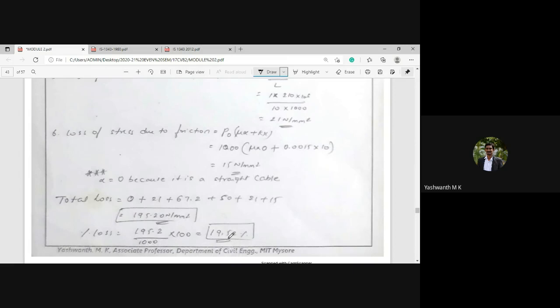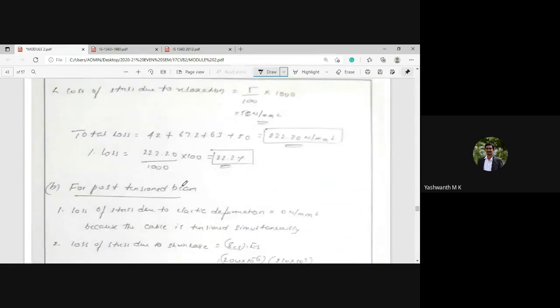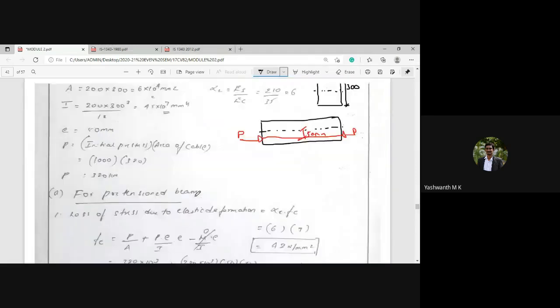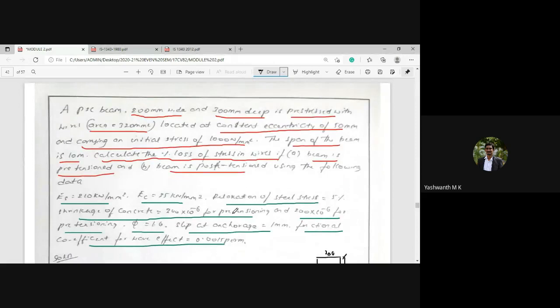Like this we need to solve the problems by observing the given data. Hope you have understood the problem. It is a very simple problem that I have solved in this session. Given all the data, you need to calculate the percentage loss of stress in the wire for the post tension beam and for the pre tension beam. Is it clear?